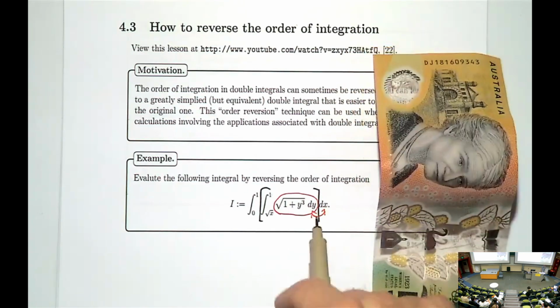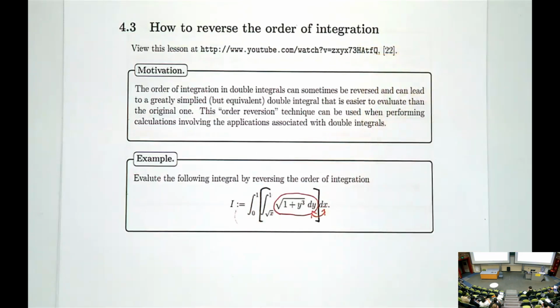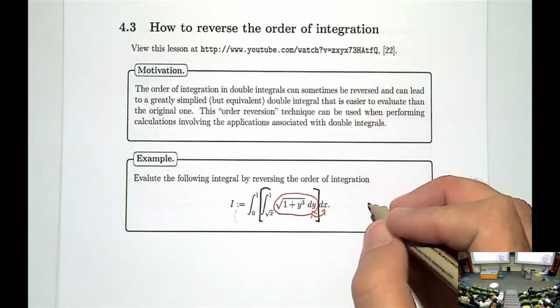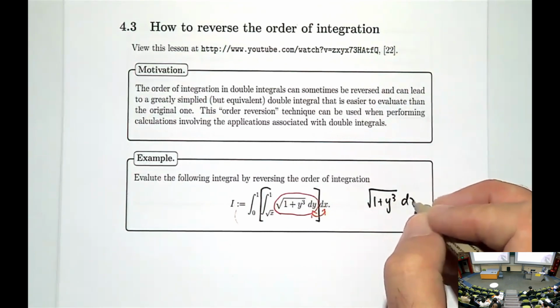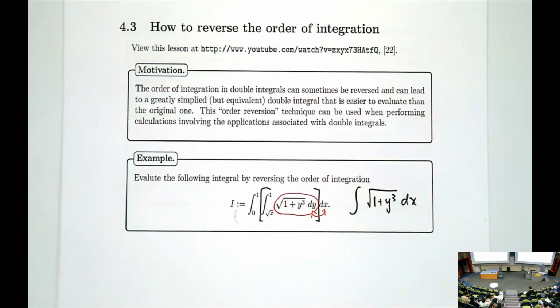So I'm switching the order. Isn't it easy to do this? Would you agree? Imagine all the y's are constant and you integrate with respect to x. So it'll just be x times that square root, whatever.